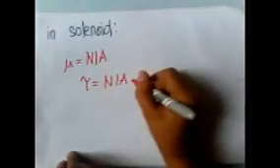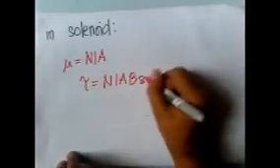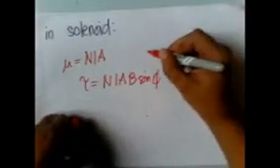For a solenoid with N turns in a uniform field, the magnetic moment mu is equal to N i A, and the torque is equal to N i A B sine phi.